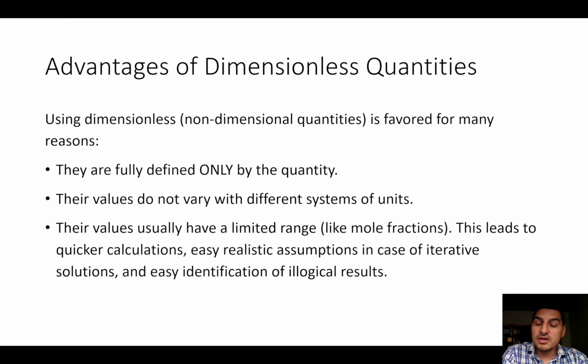The third is a very, very interesting point here. For the dimensionless quantities, most of them have a very limited range that they cannot exceed. For mole fractions, for instance, it's from 0 to 1, or they have a much smaller range of values than the actual dimensional quantities.